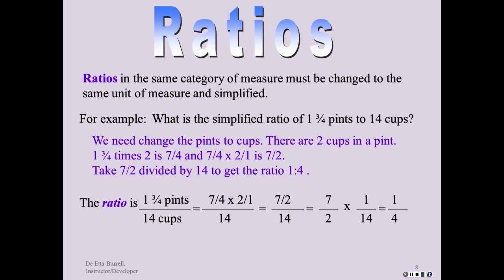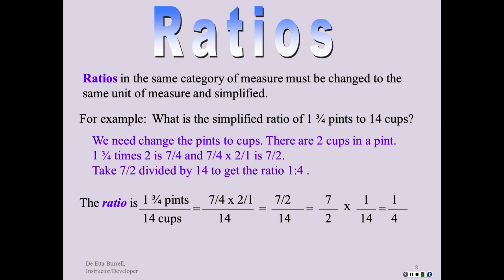But in American household life, for this type of measure, we have teaspoons, tablespoons, pints, quarts, gallons, cups, glasses, 8 fluid ounces. You need to know that all of those are in the same category of measure.